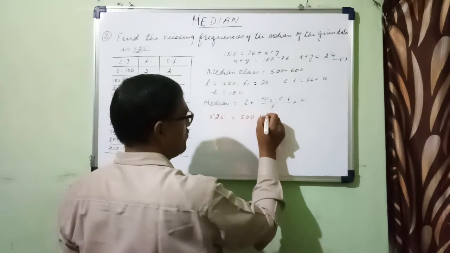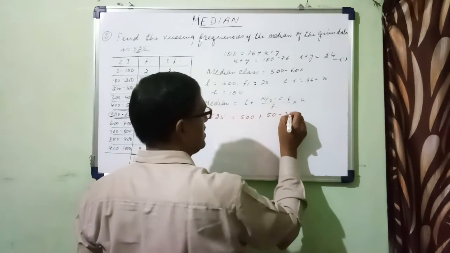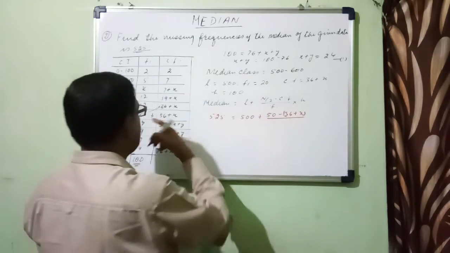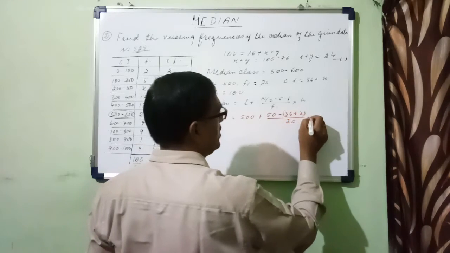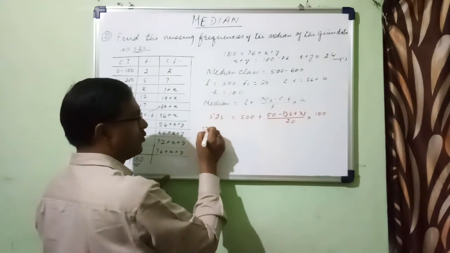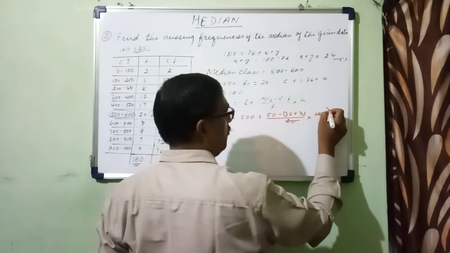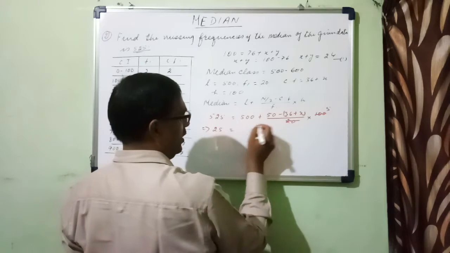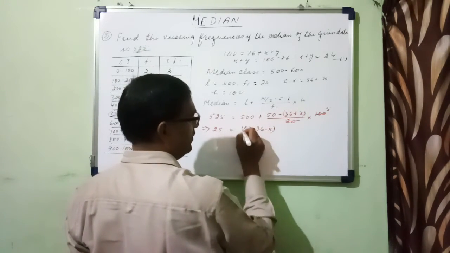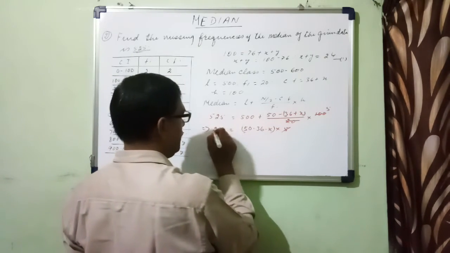N by 2 is 50 minus CF, which is 36 plus X, keep in the bracket, Fi is equal to 20 and H is equal to 100. This will go that side, so 525 minus 500 will be 25. This will be 5, and so it will be 50 minus 36 minus X into 5. 5 ones are 5, 5 fives are 25.